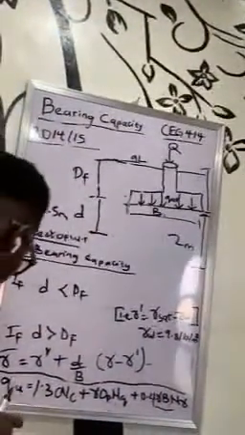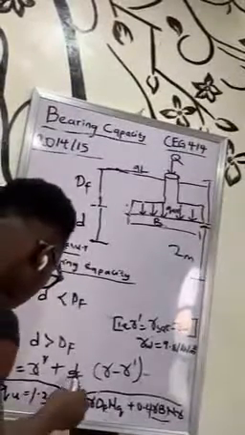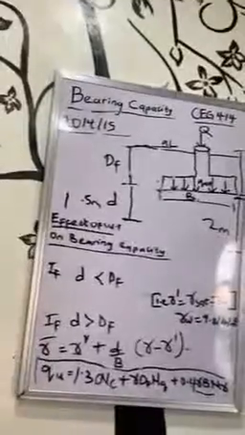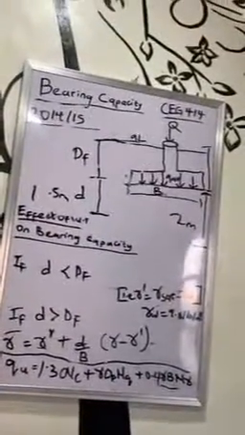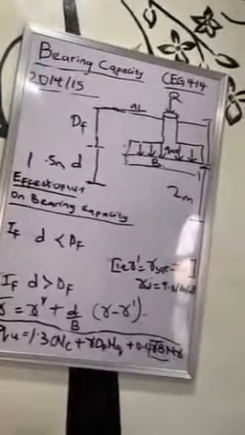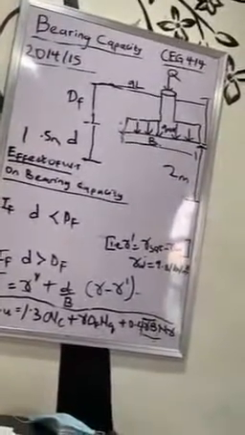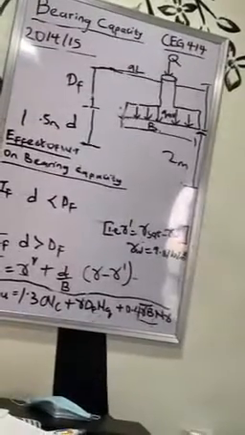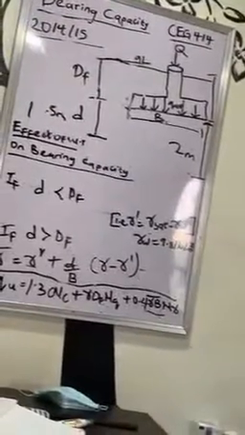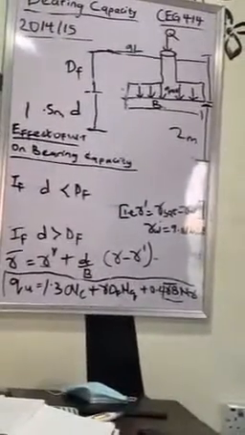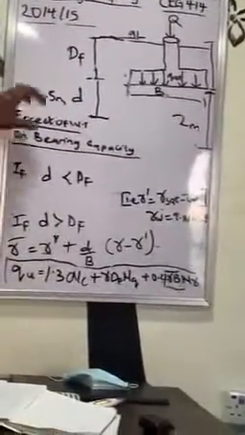It's going to have an effect on this gamma B. That is, your formula will change into gamma prime plus D over B into gamma minus gamma prime, so that place will have gamma bar B. The only time that will be true is if our breadth is greater than the depth of the water table. Well, in the question they gave us our breadth to be 2, and the depth of water table was 1.5 below the base of the foundation.